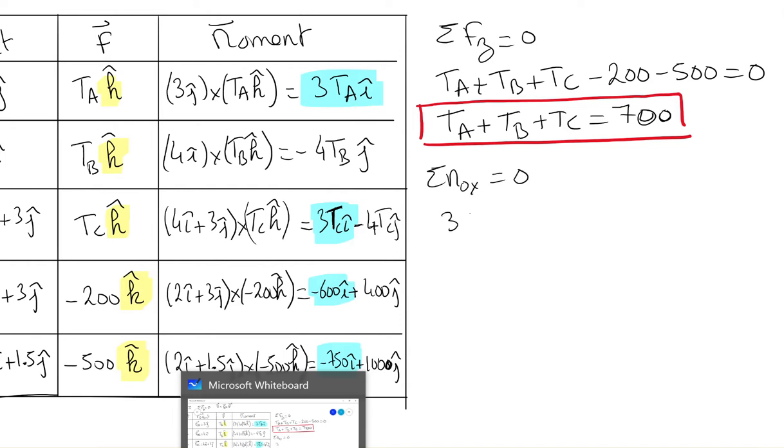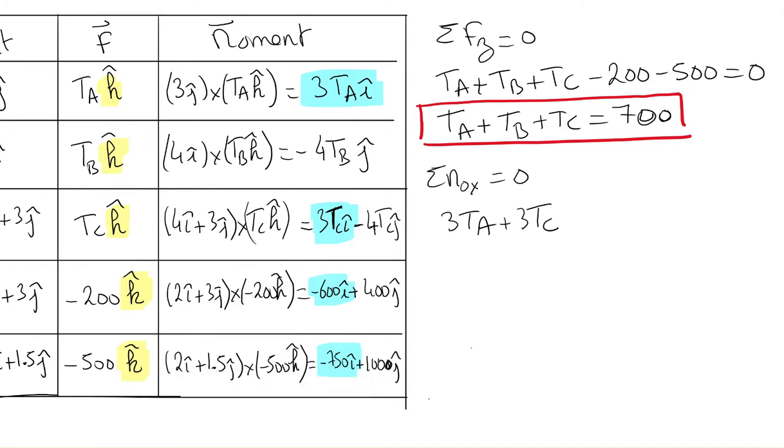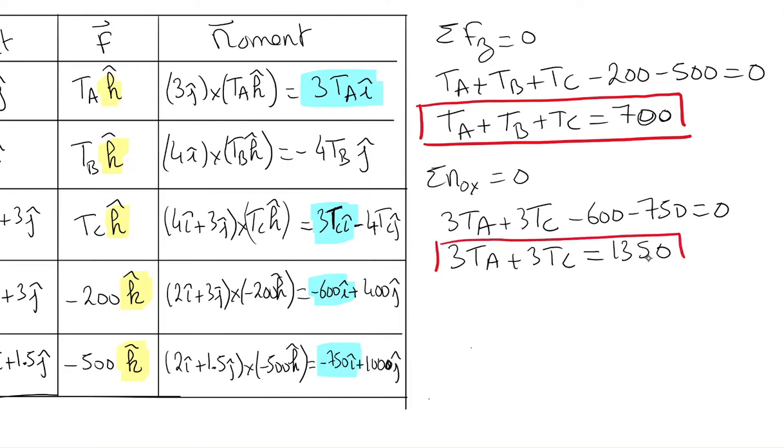So we have 3 TA plus 3 TC minus 600 minus 750 is equal to 0. So 3 TA plus 3 TC is equal to 1350. Second equation.